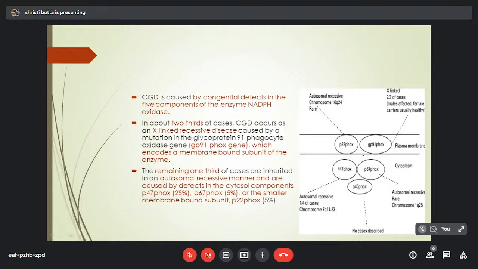Most of the cases, about 2/3, are X-linked recessive, whereas the remaining 1/3 are autosomal recessive. A very important function is that of GP91 FOX, which encodes a membrane-bound subunit of the enzyme.